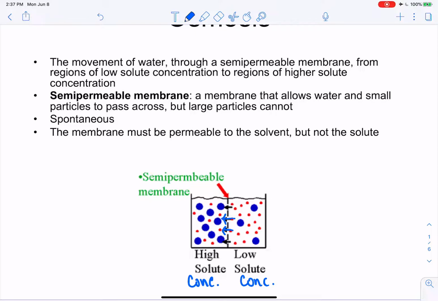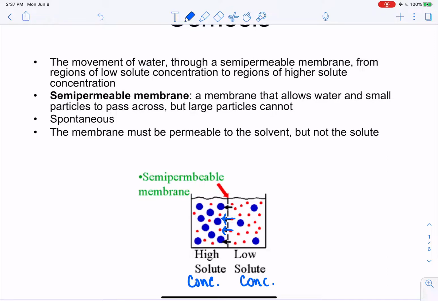So they're going to rush over to the high solute concentration side and try to dilute it, until you have equal concentrations on both sides of the semipermeable membrane. And that's when we reach equilibrium. And at equilibrium, we don't have any net movement of water from side to side.